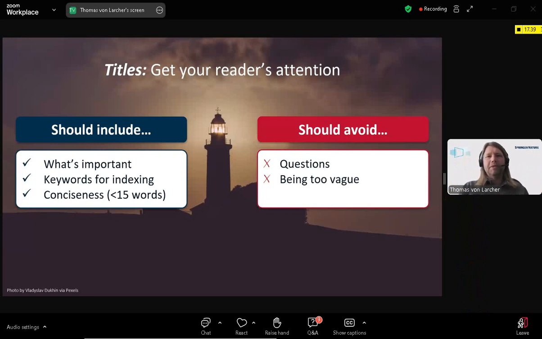Sometimes being too vague, right? Or avoid this: sometimes a title starts with an investigation of or a characterization of. So yes, we know you're going to publish or you have published a research article, right? We know something was investigated, right?